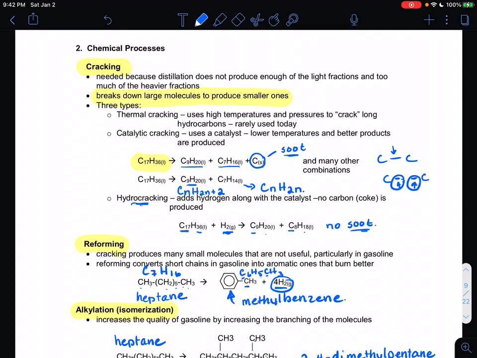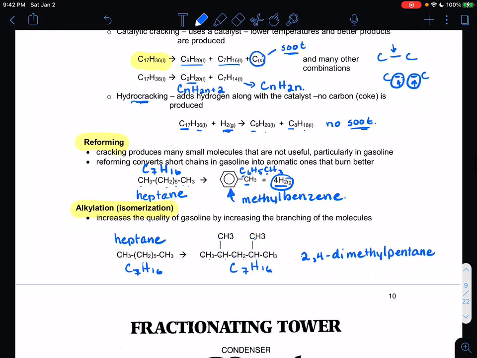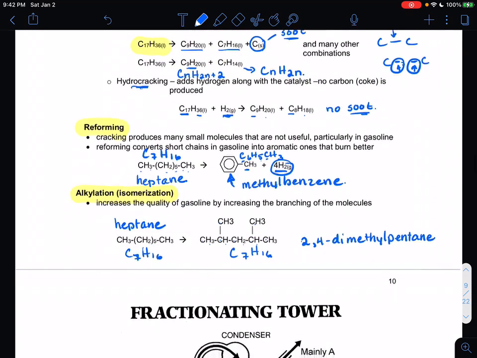forming as an impurity. The second one is reforming, where you're taking a long chain and you're making it into a molecule that contains a benzene ring. So that's called reforming. And the last one is alkylation. And remember that whenever you name branches, they have the YL ending, which is why alkylation has the YL in it as well.